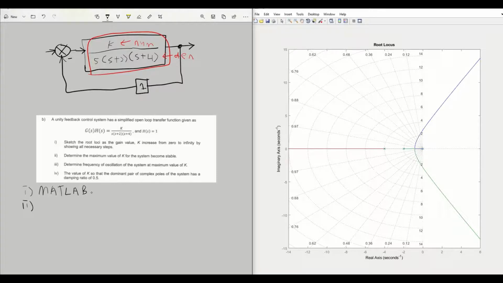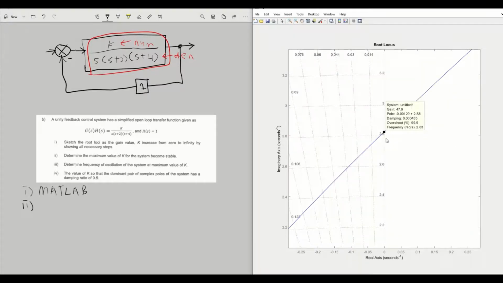For the second question, determine the maximum value of k for the system to become stable. To ensure the system becomes stable, the root locus must be on the left side of the imaginary axis. So if any of the root locus passes through the imaginary axis, it becomes unstable. So we can zoom in on the line of the imaginary axis.